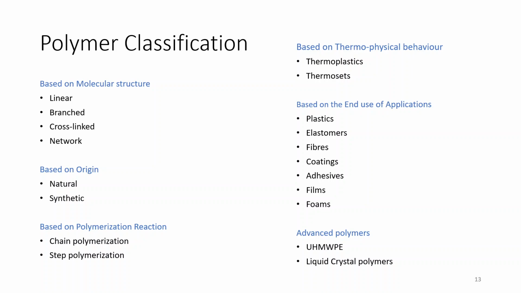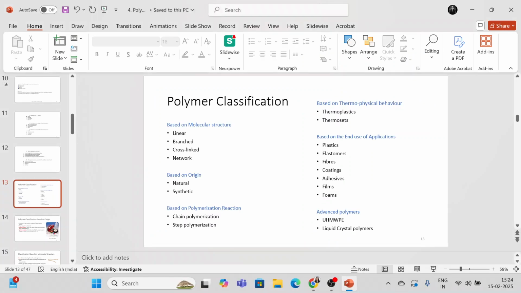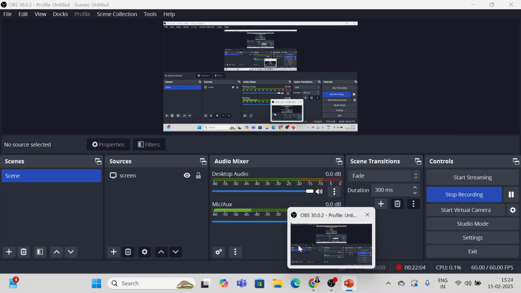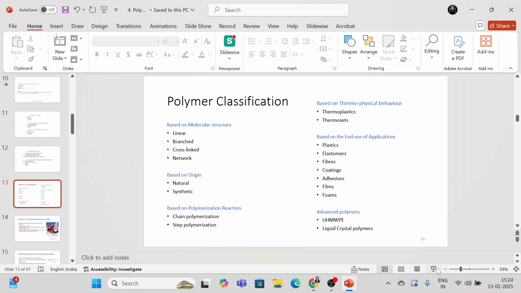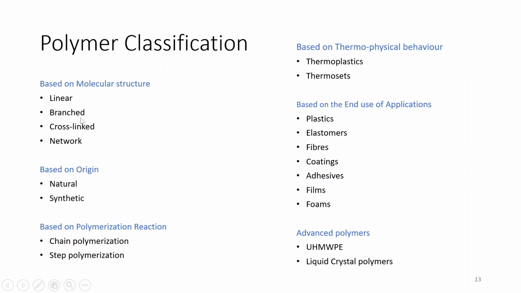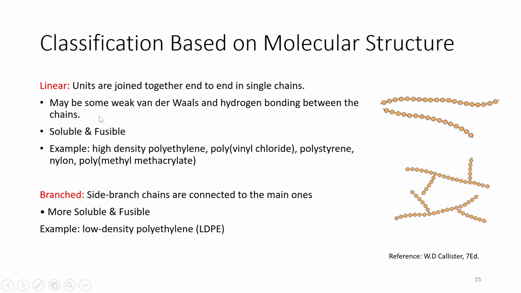So in the classification based on this, your structure can be linear, it can be branched, it can be cross-linked, it can be of network type of structure as well. Okay, so these types of structures are given here.